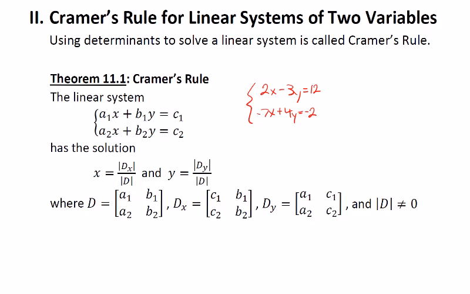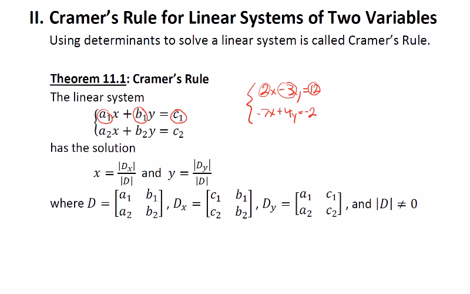So the a1, b1, c1 would be analogous to the 2, the negative 3, and the 12 that we have in that first equation. So the a1, b1, c1 are the coefficients and the constant that go with the first equation. That's why we use a subscript of 1.